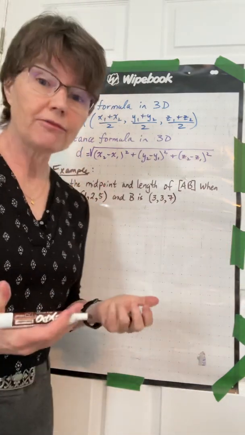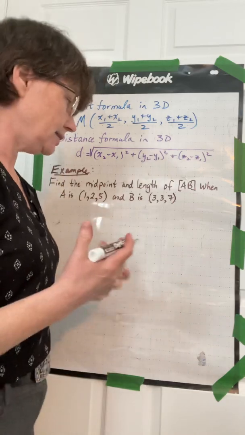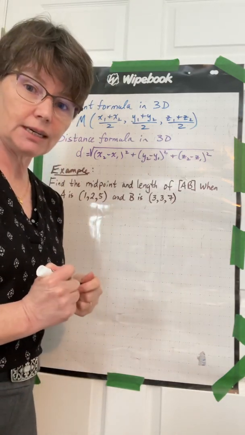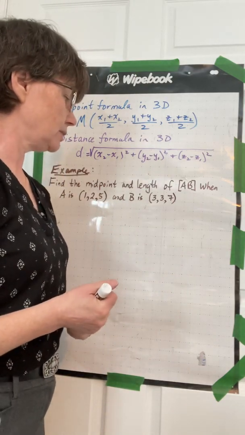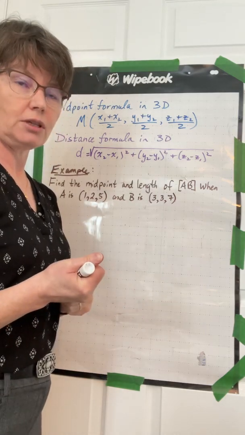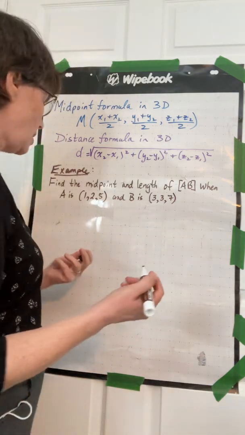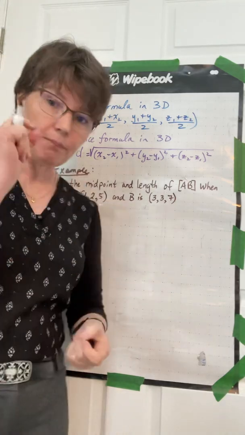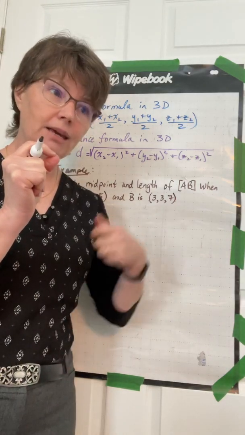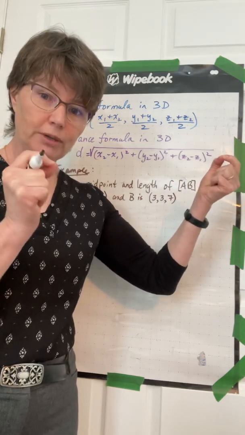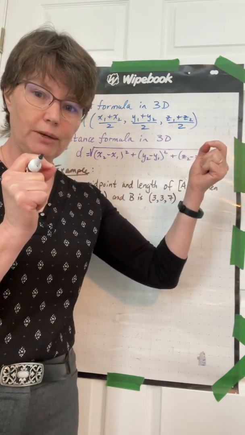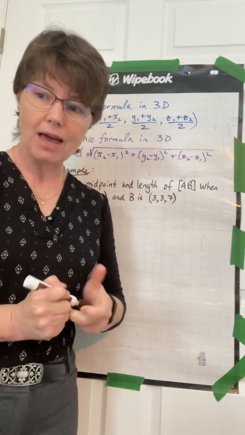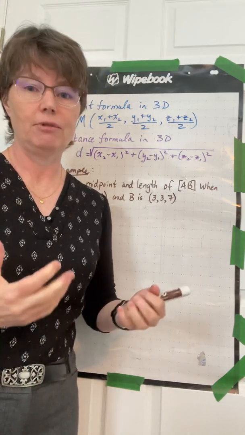We could actually graph this if you want to see what it looks like in 3D, but we don't have to. If you want to visualize it, you could try to graph it in 3D. You're going to have some point in 3D and then another endpoint in 3D. One point's going to be point A, one point's going to be point B. It doesn't matter that it's in 3D rather than 2D.